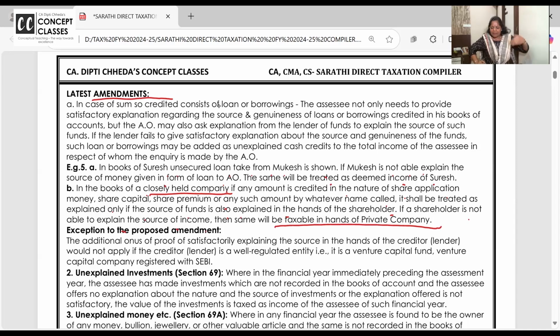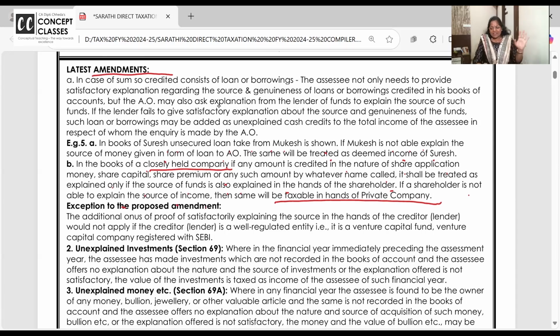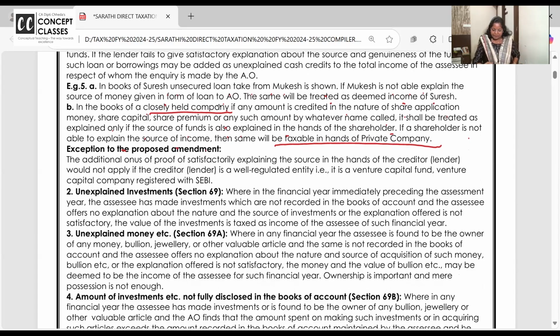But if the closely held company shows that I have received this from a shareholder, 100 rupees face value, 250 rupees premium, ask the shareholder to explain from where he has got the 100 and 250. If not, this is the income of your own company. You are showing it fake in the shareholder's name. Just understand the basics, details you have in final. I don't want to make it very lucrative, otherwise I can teach you for half an hour now what's the difference between raid and survey and all. Okay.